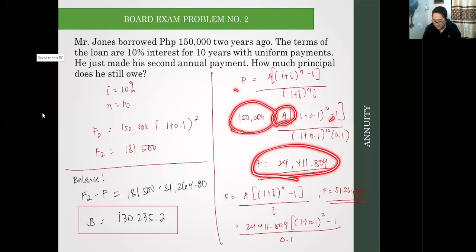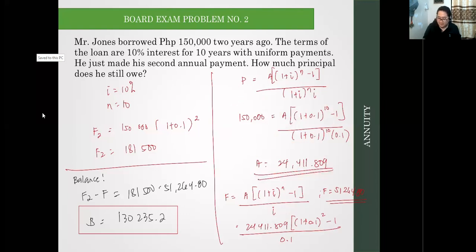So yung payment na yon ginamit natin para mahanap yung value niya after 2 years dahil nakapagbayad na siya ng dalawang payment. So itong payment na to na binayad niya minus dun sa total na kailangan niyang bayaran, ito pa yung remaining balance niya. Okay? So medyo malito pero ayun.